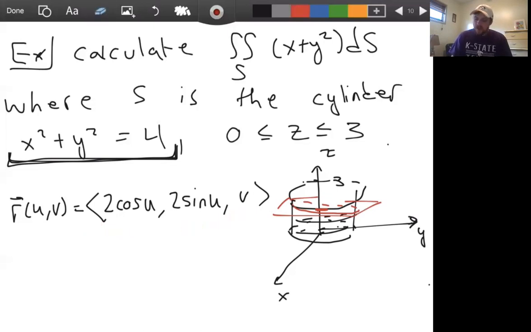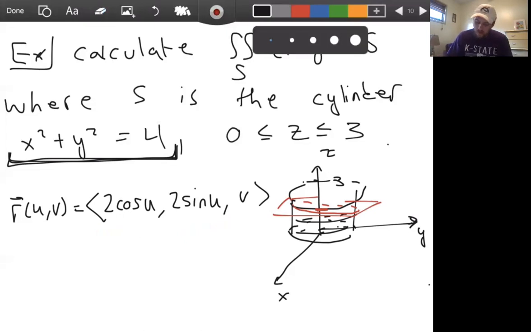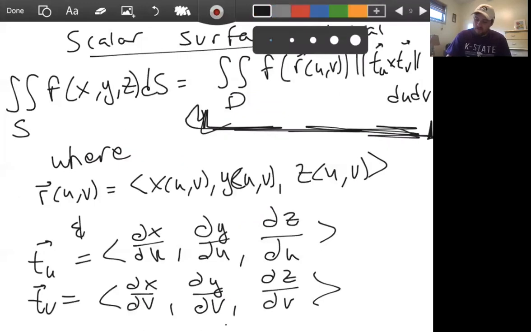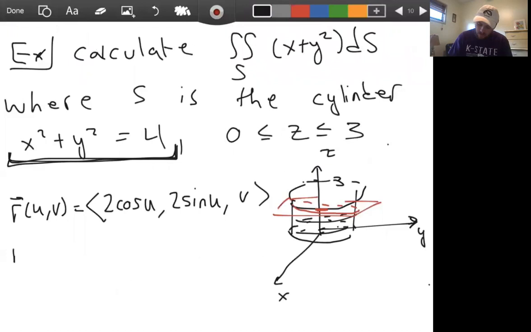Okay, and let's remember our formula. In our formula for a scalar surface integral, first we need f of r of uv. So let's calculate f of r of uv. Well, f is x plus y squared.